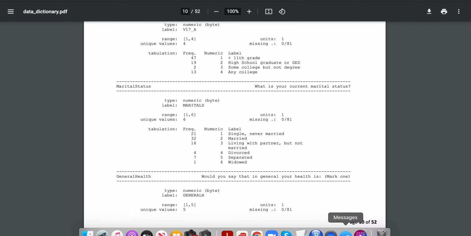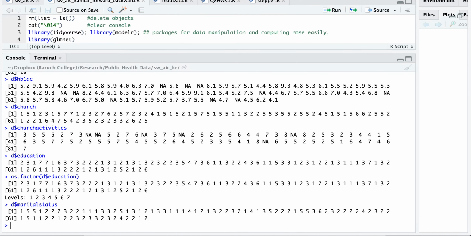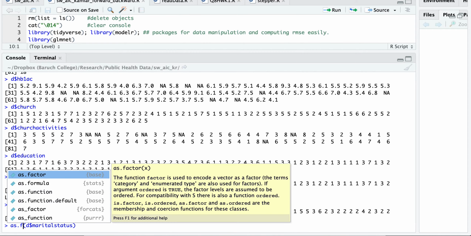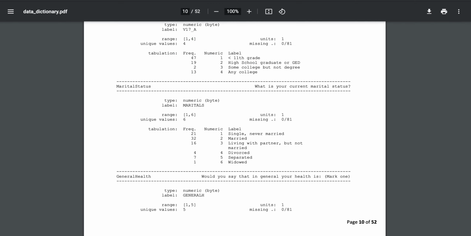So the marital status, if you don't code it as categorical, it will be treated as numerical, and that will lead to problems. Again, I'm repeating myself, but this is important. You need to go through all the variables one by one and identify those that need to be treated as categorical and those that need to be treated as quantitative, numerical.